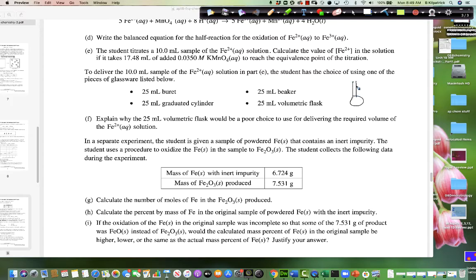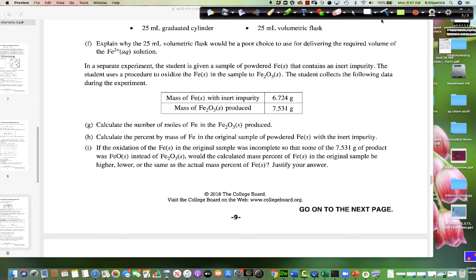Okay. So when you have a volumetric flask, you remember you fill to the line. So a volumetric flask only measures one volume. So maybe it's 10 milliliters, 100 milliliters, 500, but it says that it's going to measure 25. It really can only measure 25, that's it. So you can't just put in a certain amount and say, oh, I think that's about 10. That would be a very poor choice. So a burette would be the best choice, and then after that a graduated cylinder. We never use beakers to measure anything. We only use beakers as containers.